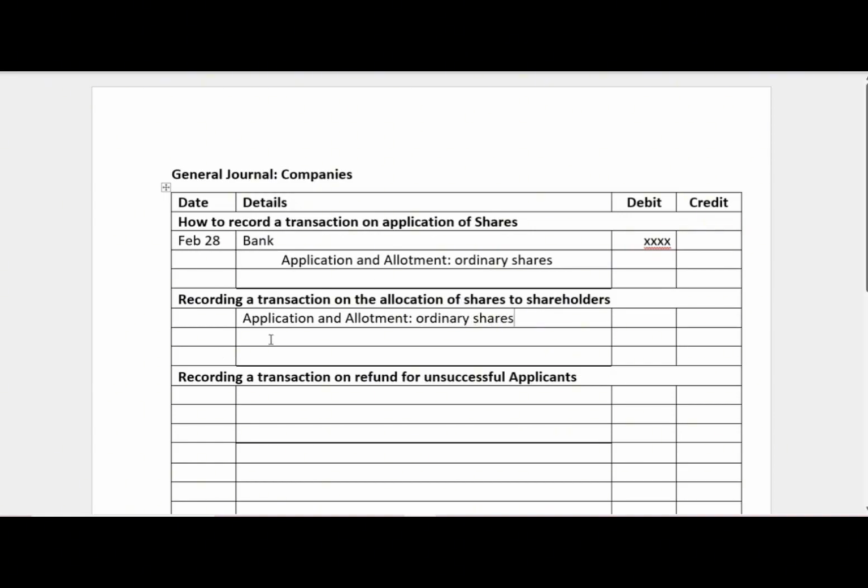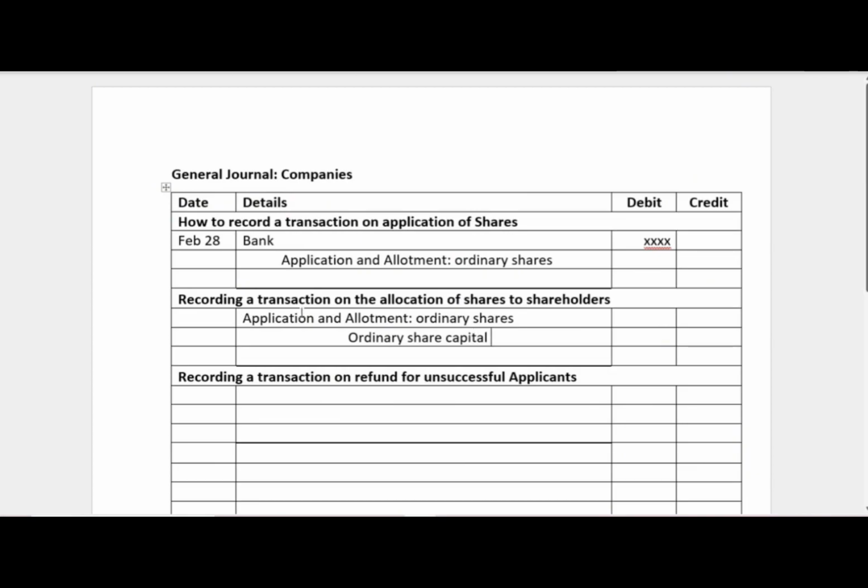And then you are going to credit ordinary share capital.